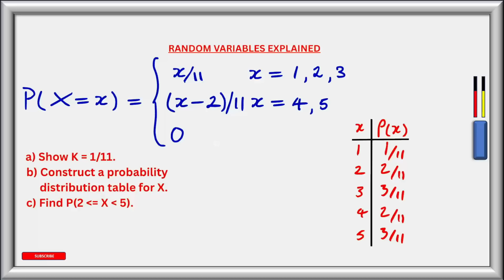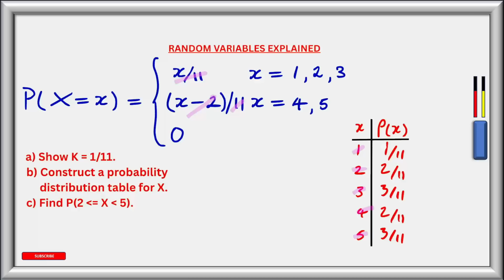Part B of the question asks us to construct a probability distribution table for x. Now we've calculated that k is equal to 1/11, so I've substituted k into the function. So when x is between 1 and 3, the function is x divided by 11. And for 4 and 5, it's x minus 2 divided by 11. So for our probability distribution table, our values of x appear in the left-hand column as 1, 2, 3, 4, and 5.